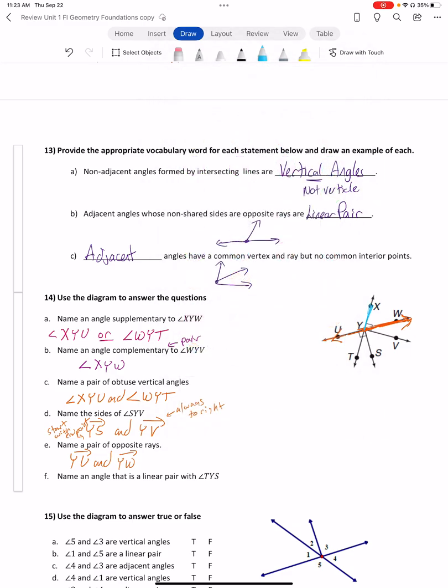Or you could have this one and this one along this line. See that there's a point in between, so you could have YX and YT.